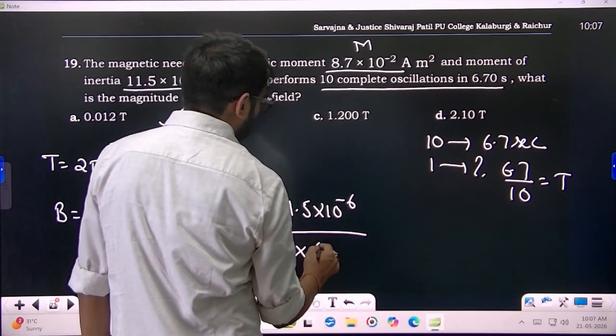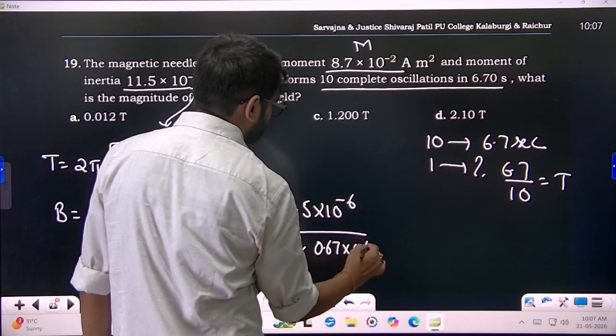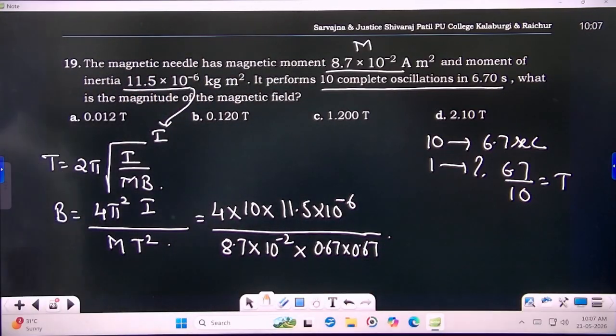T square will be 0.67 into 0.67. This one. So this calculation is to be done. In that case, if we do the calculation, I am only taking the numbers, 10 powers, we can do it later. So 4 into 11.5 divided by 8.7 into 0.67 into 0.67, 11.77.